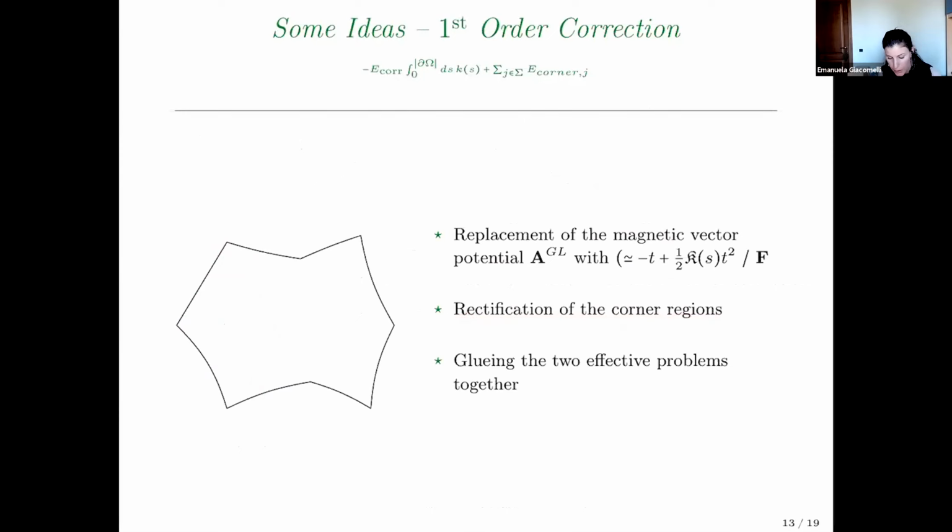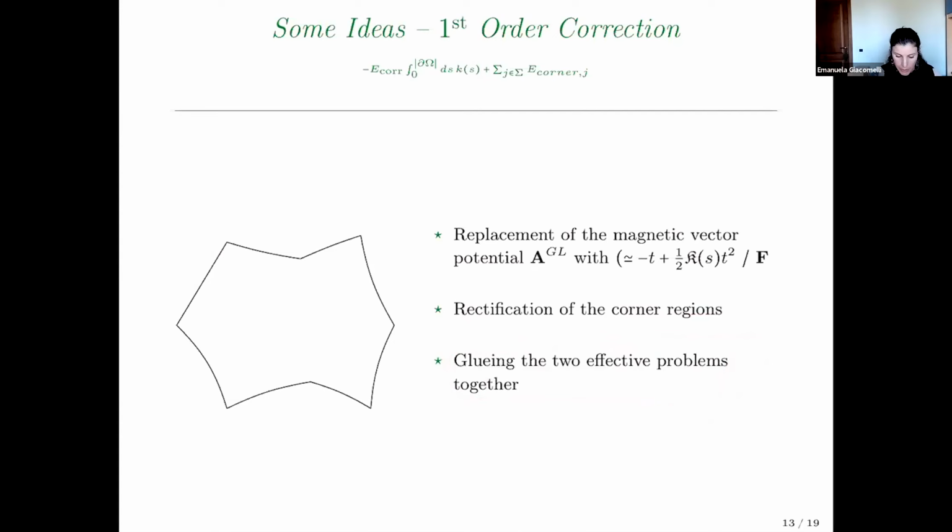And then the last thing is to glue together the two effective problems, the one in the smooth part and the one close to the corner. Here I didn't write any details, but let me say that this is also highly non-trivial because in order to glue together the two effective problems, you will have some boundary terms appearing.